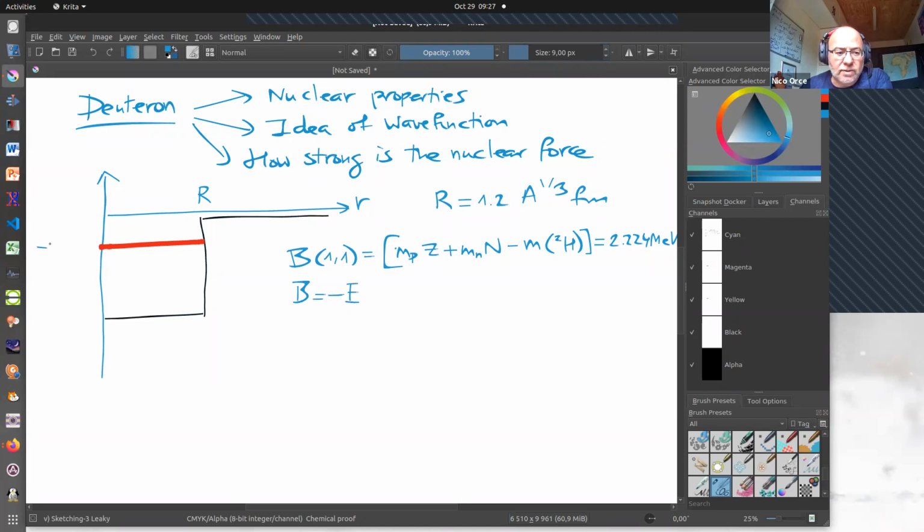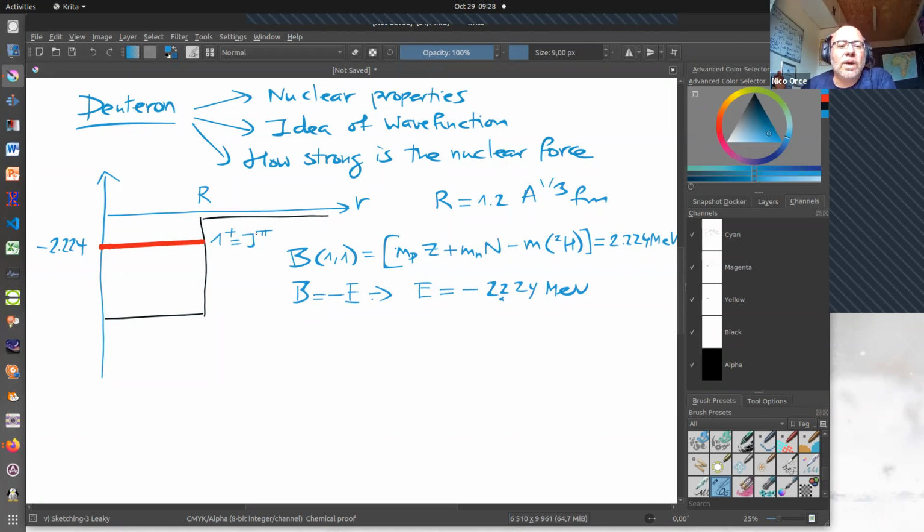So this is the energy, so it will be minus 2.224 MeV, right? The binding energy is always positive. This is an important concept, because this is the energy of the nucleus, which always goes in the other direction. And we also know that the deuteron has J pi equal to 1 plus, right?